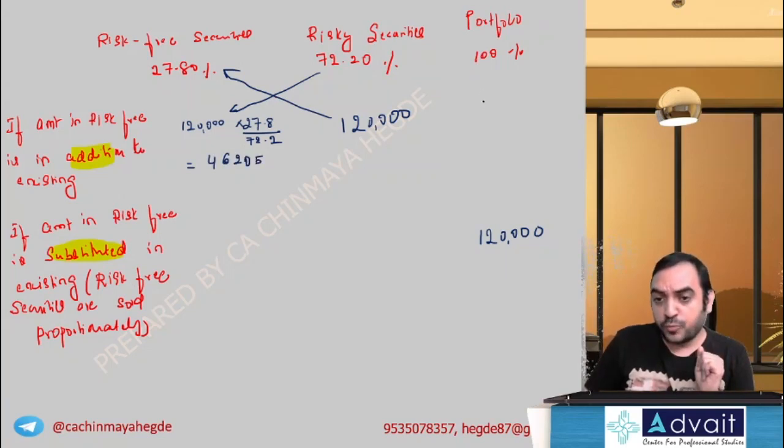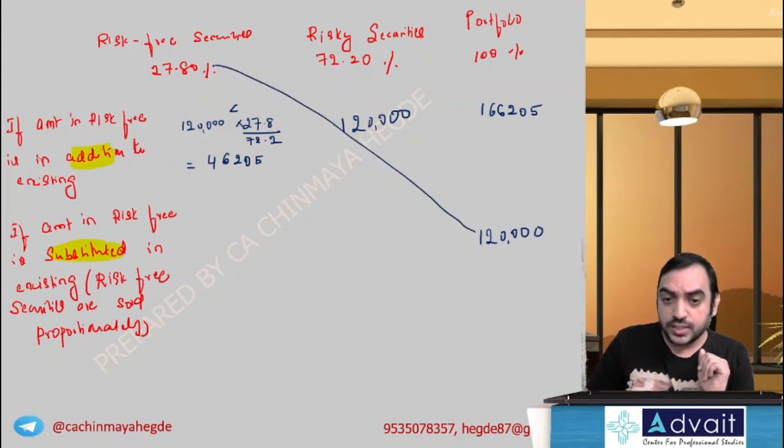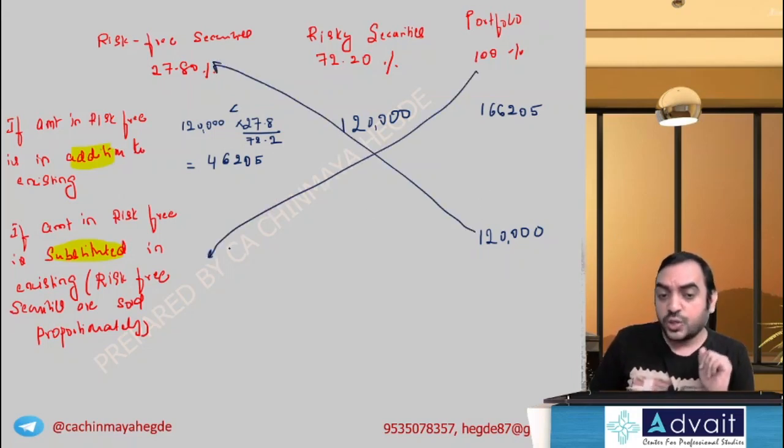And the total amount of the portfolio will become 1,66,000. And if it is risk-free security, what are you going to do? Cross multiplication method. 1,20,000 is 100. How much for 27.8?